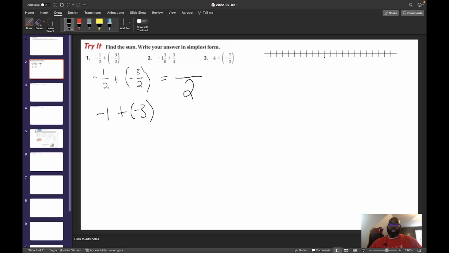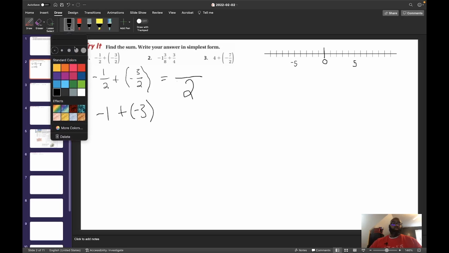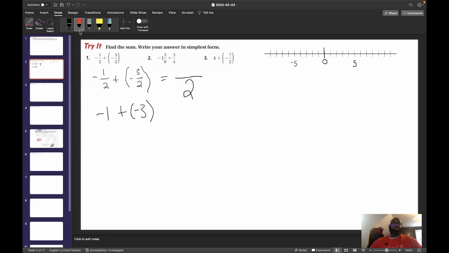Here's our number line. If we call this 0, this is negative 1, negative 2, negative 3, negative 4, and negative 5 is here. We're starting on negative 1.